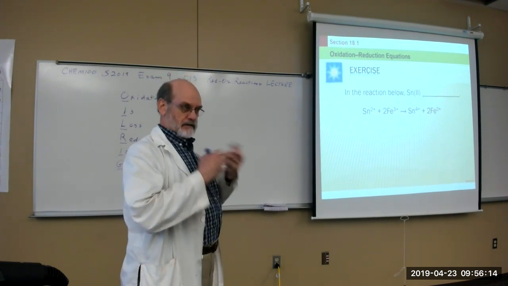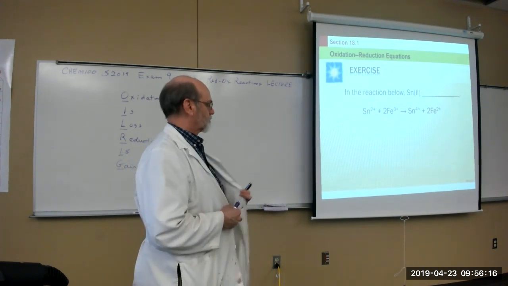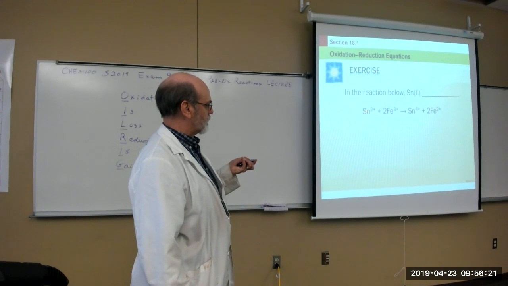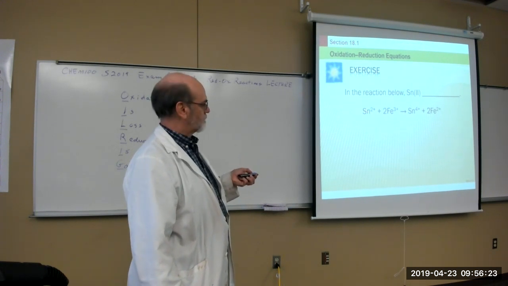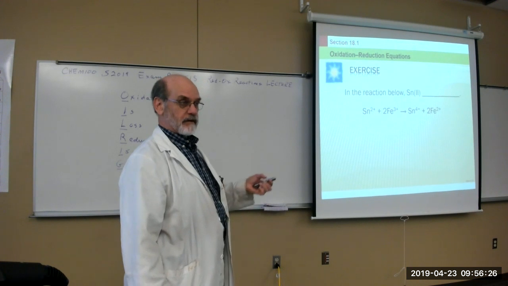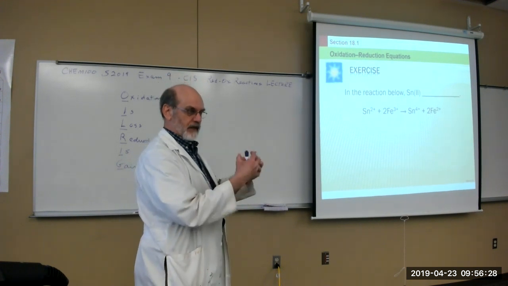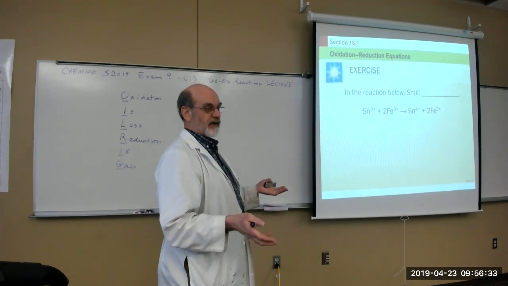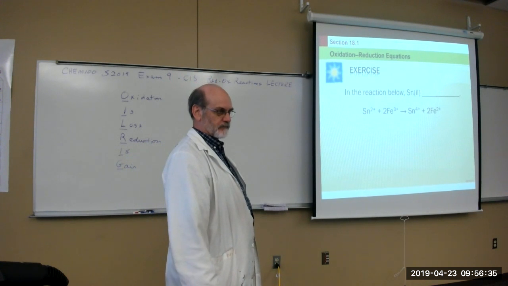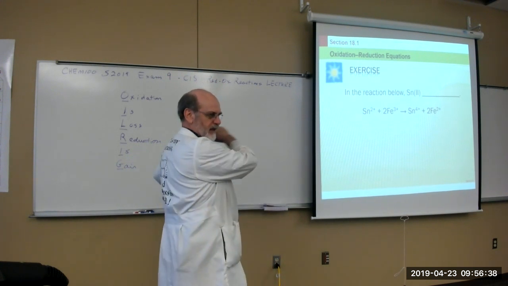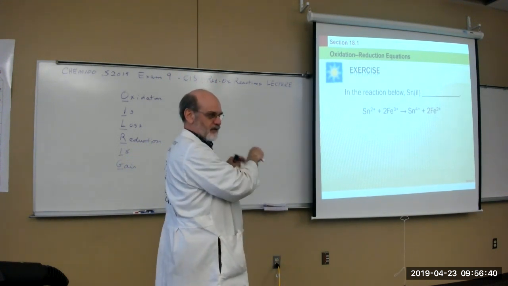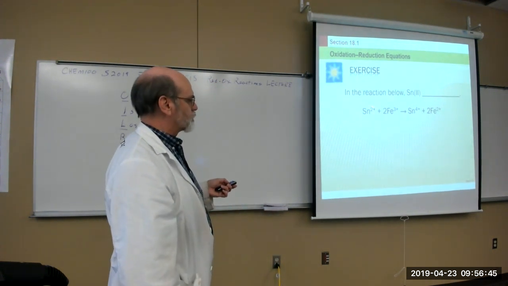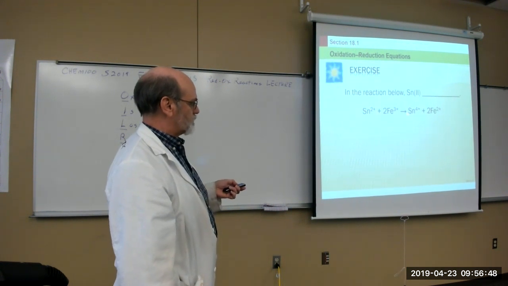So there must be some counter ions in there to balance them. This probably comes in as tin chloride, and even iron chloride would be a good way to get them in a solution together, right? We just leave the chlorines out because they're spectators, right? Remember when we wrote complete ionic equations and then we knocked out the spectators and we had something left over? This is the same idea. So we're only interested in these parts of the equation.